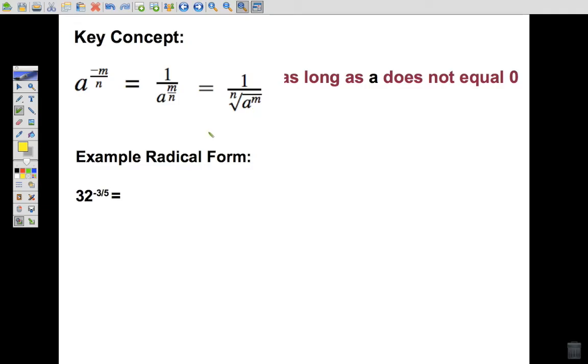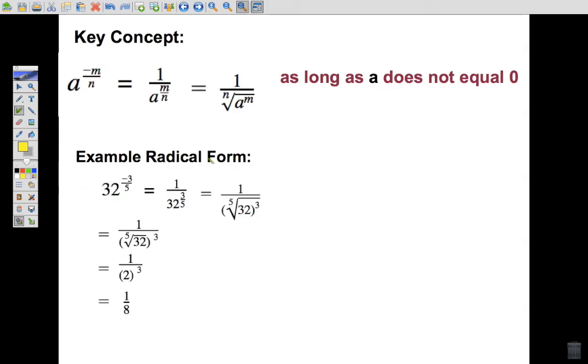Let's see how it will work with a number example. So when I have 32 to the negative 3/5 power, my root is going to be 5. It's going to be a 5th root of 32 to the 3rd power. But we have a negative exponent, so everything has to be thrown down in the denominator. So let's follow the steps here. I throw my entire expression in the denominator.